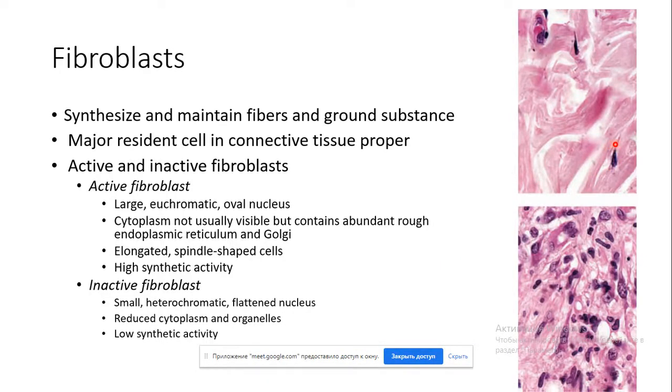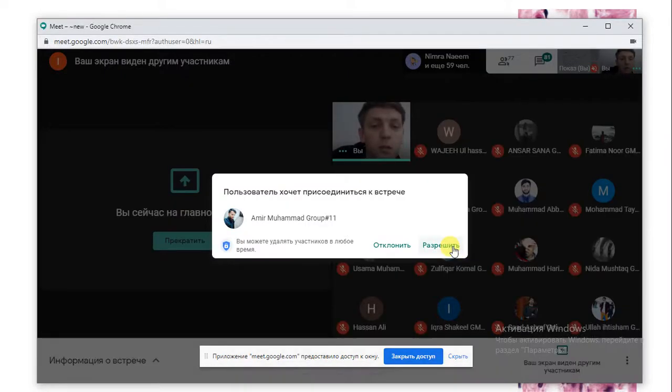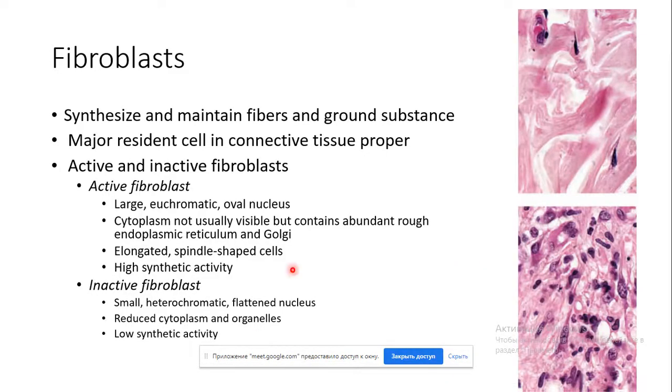If stress is present, might be some injury, these cells are able to change back into active fibroblasts. Both of them are fibroblasts, but here the extracellular matrix has already been produced, while here it has not been produced yet, or needs to be maintained or resynthesized. That's why we have active fibroblasts here.